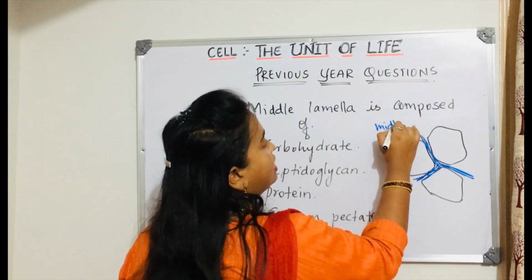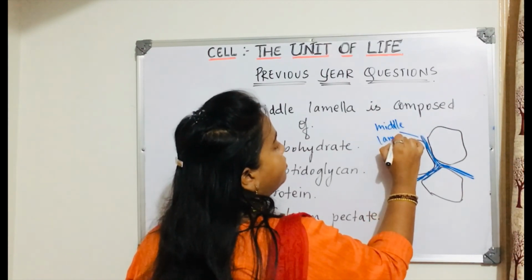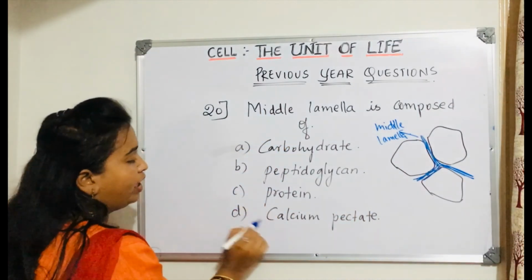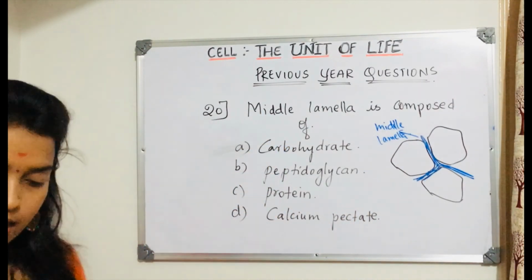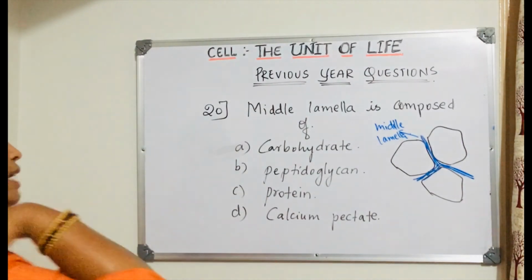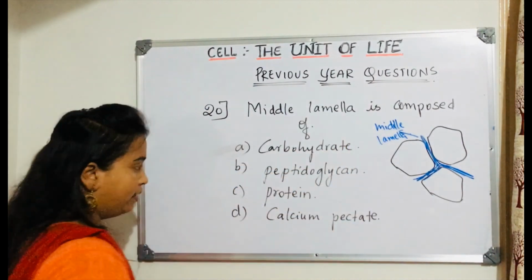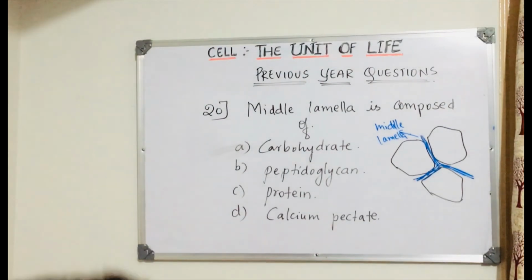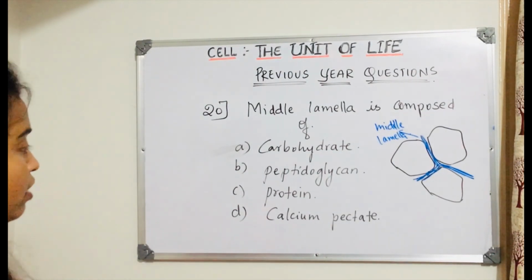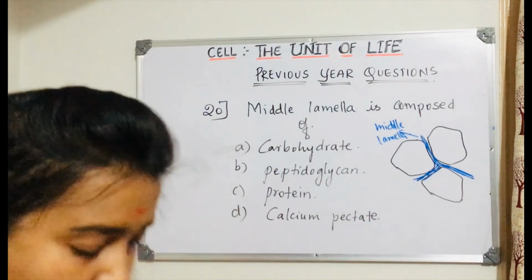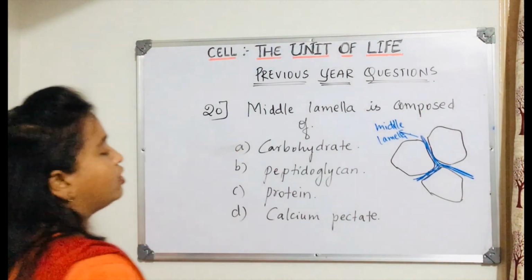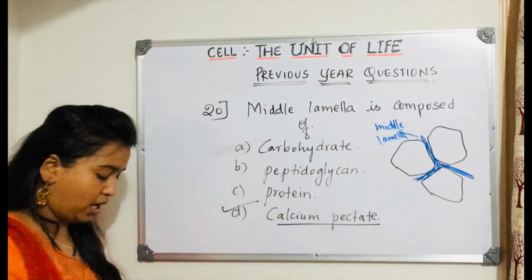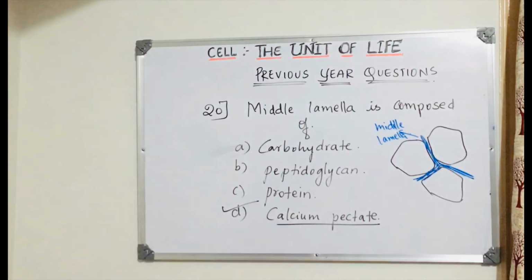Now they are asking, it is made up of what? Carbohydrate, peptidoglycan, protein or calcium pectate. And the answer is what? We know that it's not made up of carbohydrate. Peptidoglycan is the cell wall of prokaryotes. What about protein? No, it's not protein also. It is made up of calcium pectate. So the answer is calcium pectate.